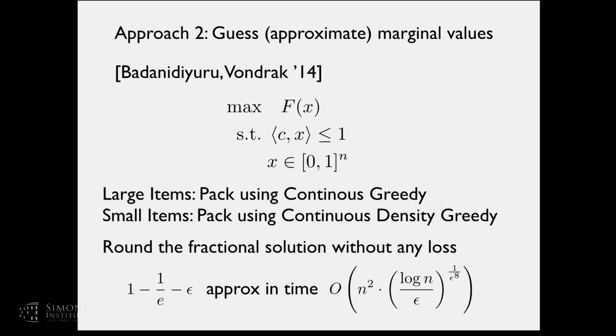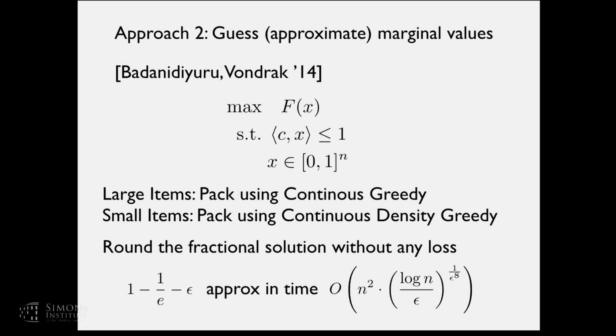But they also want to use these enumeration ideas that I just mentioned in order to make this as fast as possible. So their idea at the high level is that we'll have these large items, like the setup one that I had on the previous slide, and we'll have these smaller items like the setup two. For the large items, we can afford to guess their marginal gains, and we'll use those to pack them using continuous greedy.